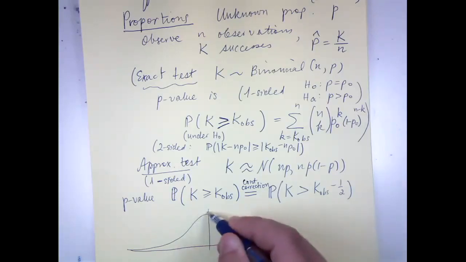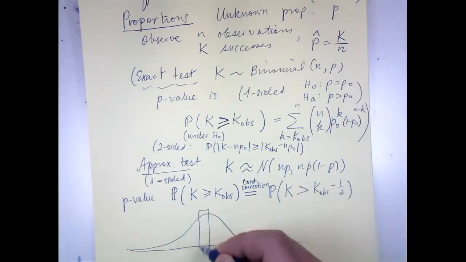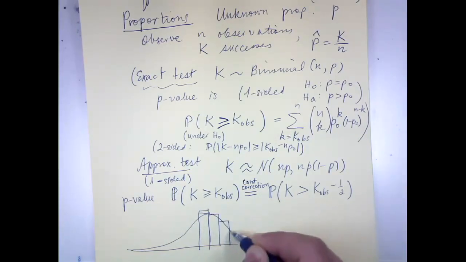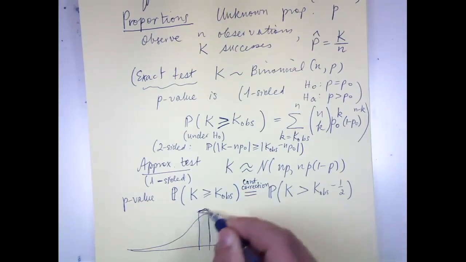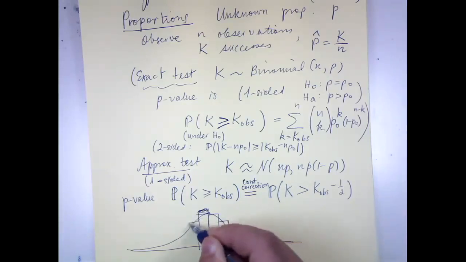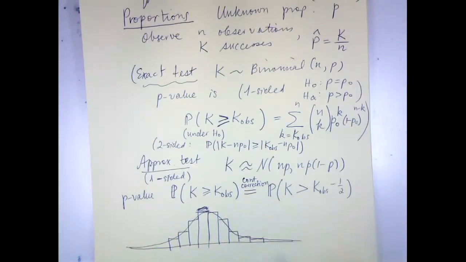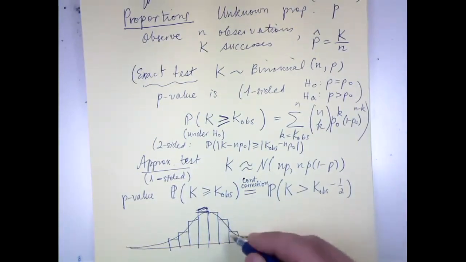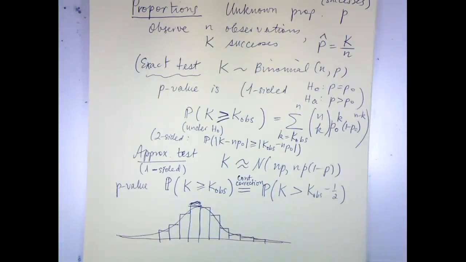The reason that's the case is if you just imagine the binomial is a rather kind of blocky distribution. Okay, probably looks a bit more like this. And then supposing that this binomial is well approximated by the normal curve, which it actually is. If it's well approximated by the curve, then you're going to get a better approximation to this. So the tail area that we want, let me shade it in red.